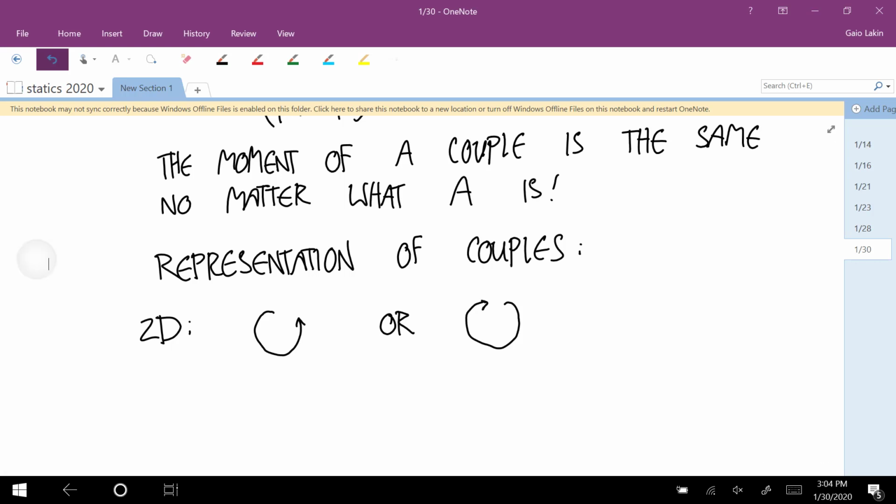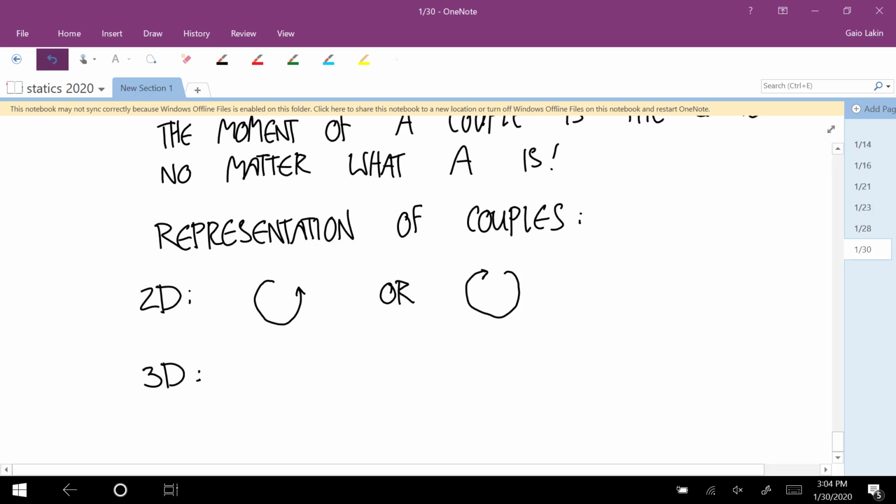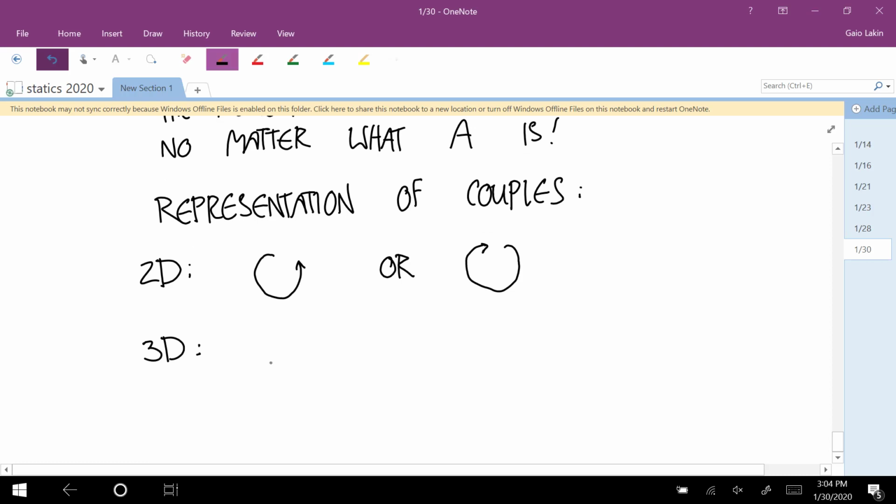And in 3D, these will be represented as vector components with double heads. So you'll see stuff like this. Heads for the two forces, I guess.